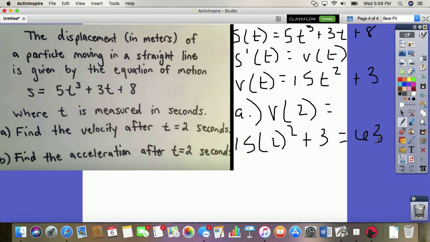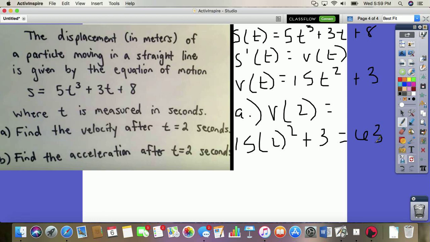And so, just kind of a little side note here. Let's say they said, what is the velocity, or when is the velocity a certain value? So, what if they said, what time does this happen when the velocity is 100?